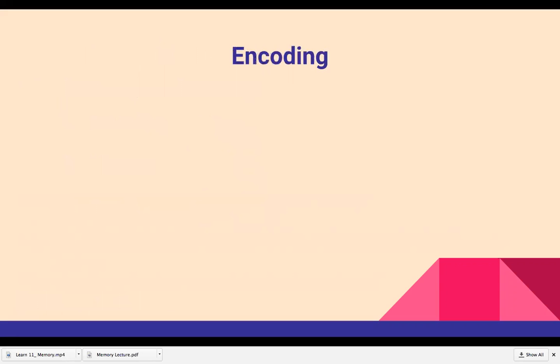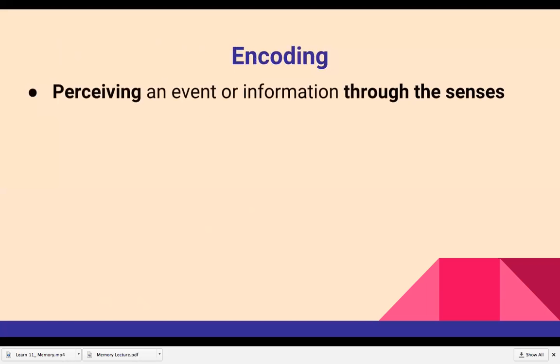So the first stage is called encoding, and this is when we perceive an event or information through our senses, meaning this is when we are very first introduced to new information, experience. I mean, it could be anything and everything.